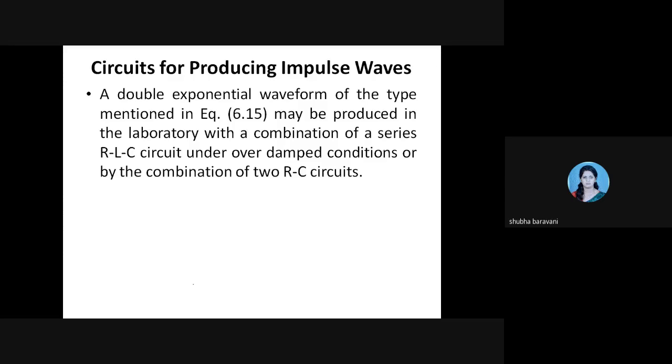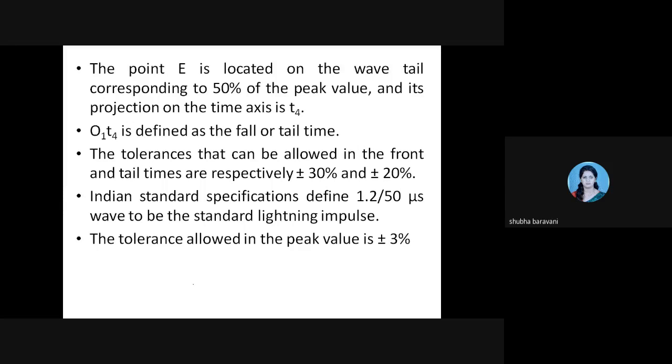Okay, so we now see, when we study this, we understand that there is an impulse wave, a lightning which is going to strike the power cables. The power cables which need to be installed outdoors have to be initially tested in the labs.